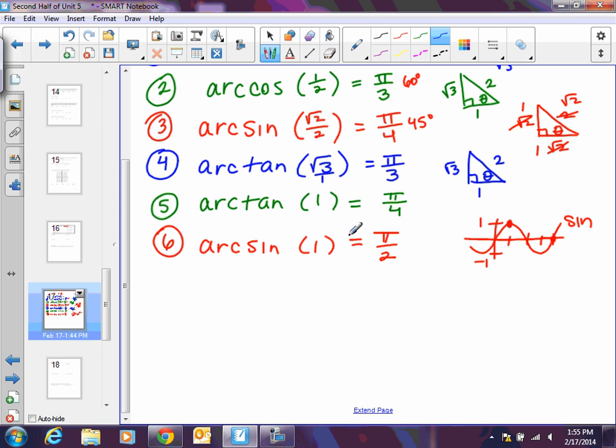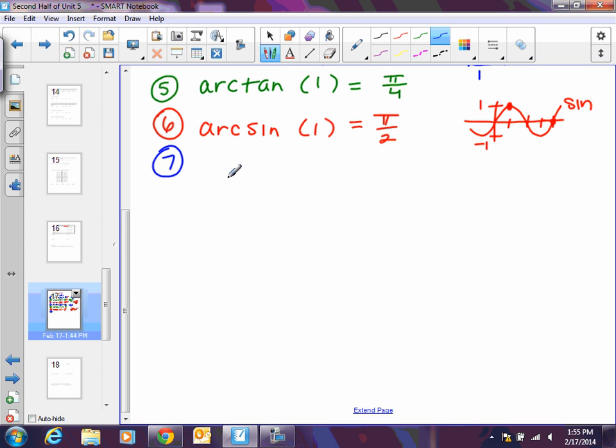Yeah, you can use the unit circle chart. Any way you want to do it. Okay, so let's try arc cosine of -1, whether you use the unit circle chart or if you want to draw the parent function. Remember, cosine starts at a peak, so peak to peak is 2 pi.